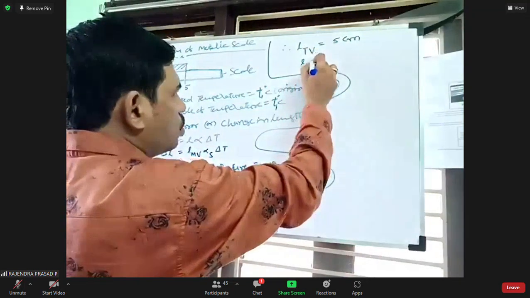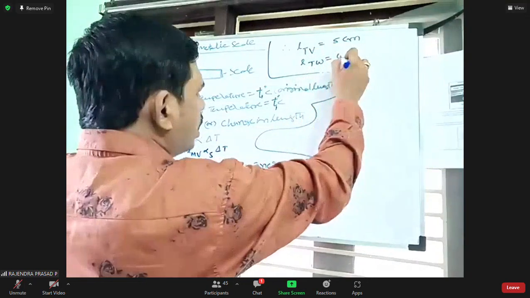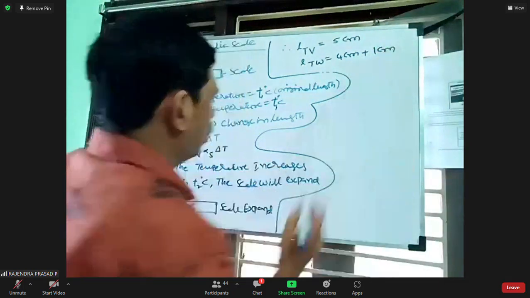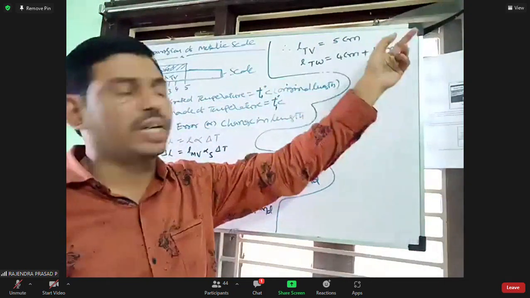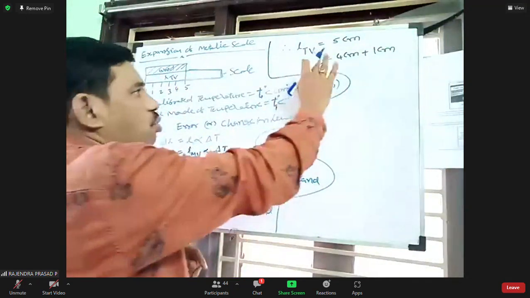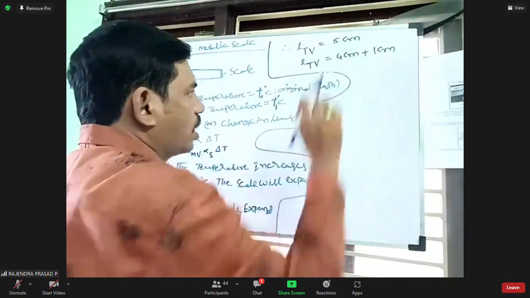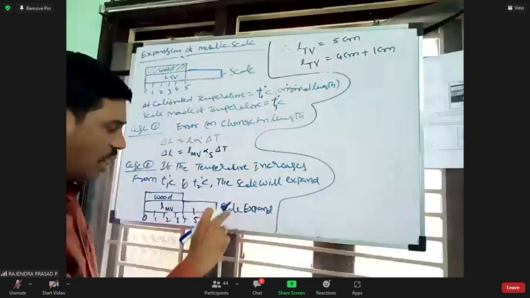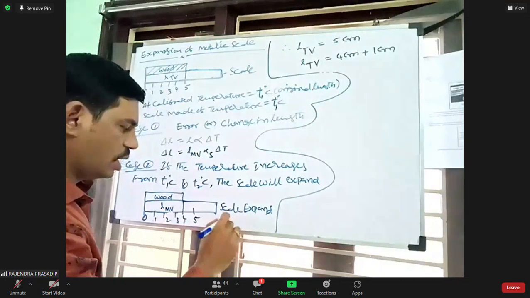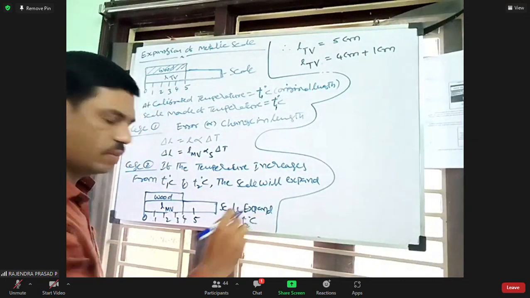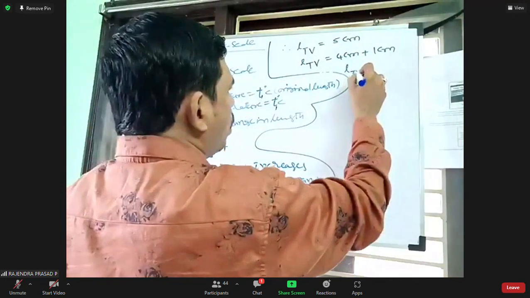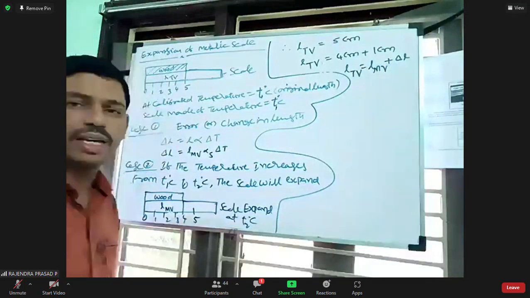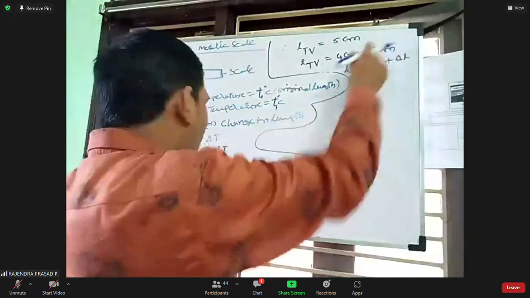But L true value is equal to 4 centimeter plus 1 centimeter. 4 centimeter is the measured value, L measured value, after T2 degrees C, when the scale has expanded. So L true value equals L measured value plus delta L. 1 centimeter is considered as error.